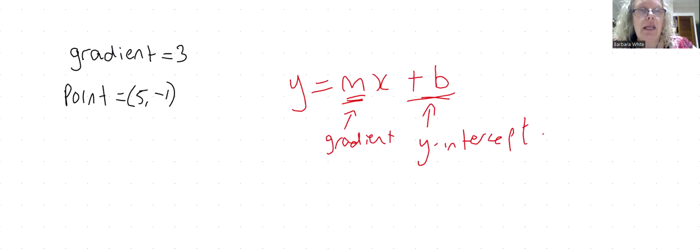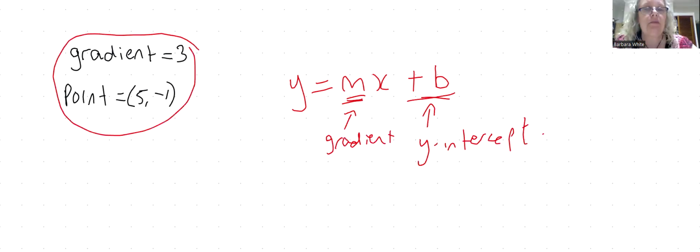So in our little question we've got over here, we know that the gradient is 3. Okay, so already we have got some of the story. y equals 3x plus something.